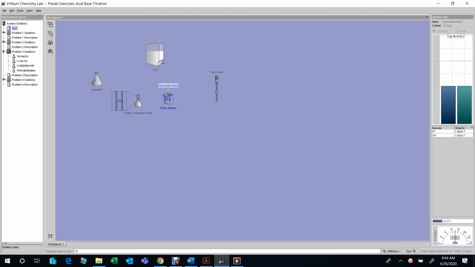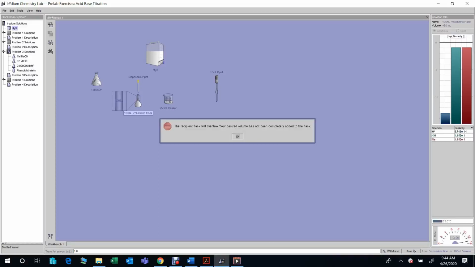Then we can just keep adding 1 milliliter. Withdraw, pour. Sorry. Oh, just now I clicked withdraw, so I need to pour again.